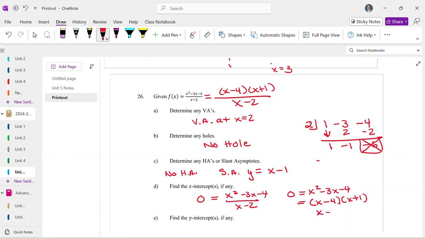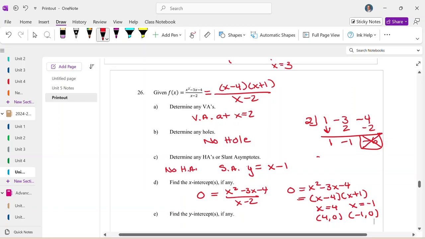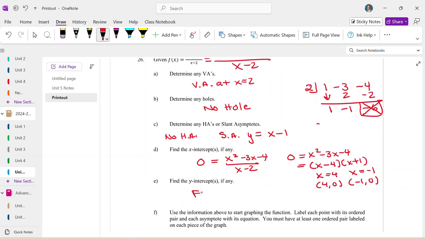So that means x equals 4 and x equals negative 1. So the x-intercepts are (4, 0) and (-1, 0). The y-intercept: when you put 0 in, you get negative 4 over negative 2, which is 2. So that's the y-intercept.